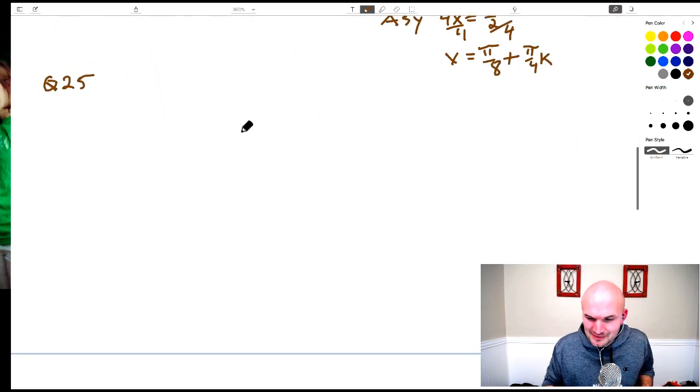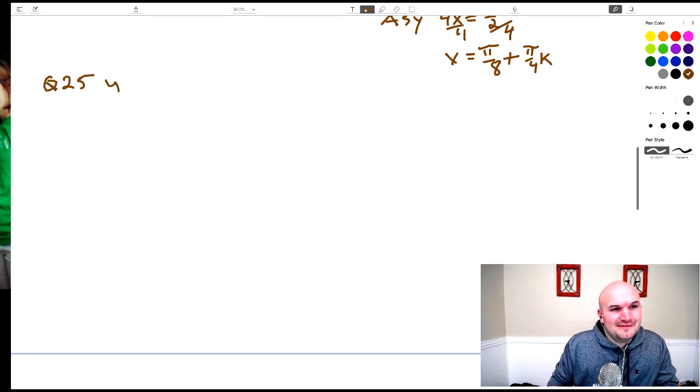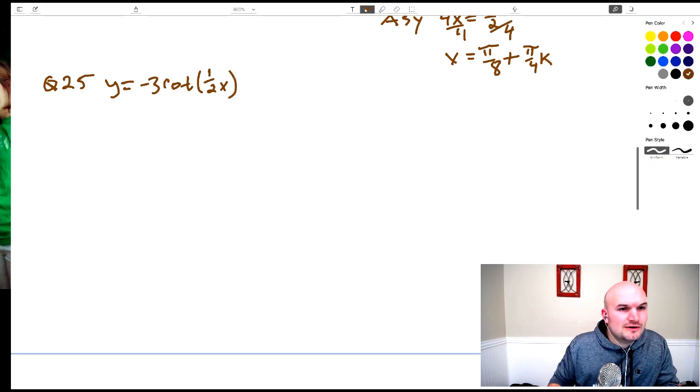All right, so for question number 25, what I have is y equals -3 cotangent of 1/2 x. The important thing as far as the cotangent graph is to understand what the parent graph looks like.